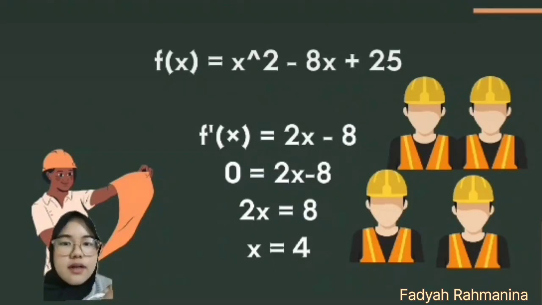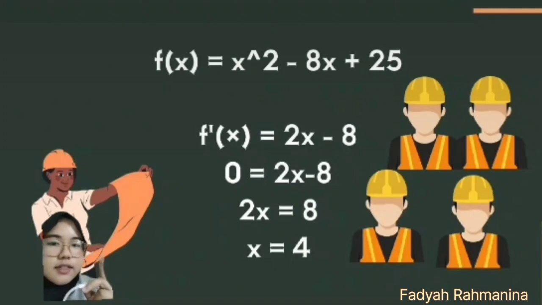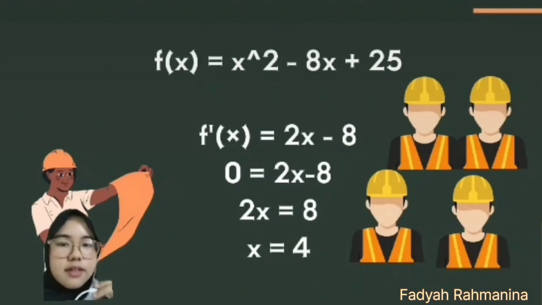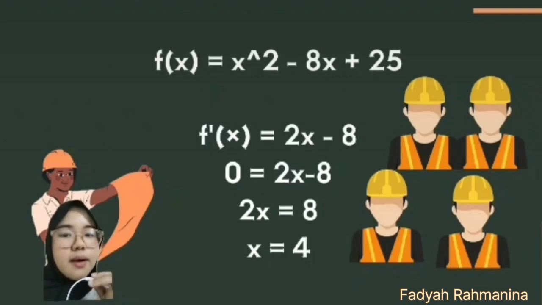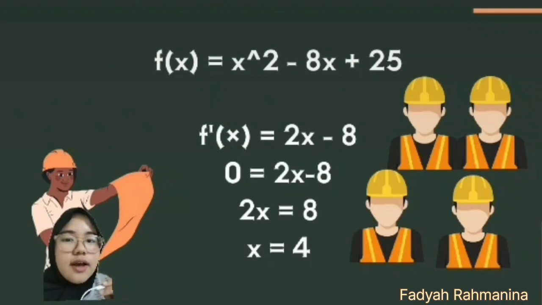From this we can know the derivative of f(x) is equal to 2x minus 8, where the final result is x equal to 4. So Miss Annie needs 4 workers to renovate her house.